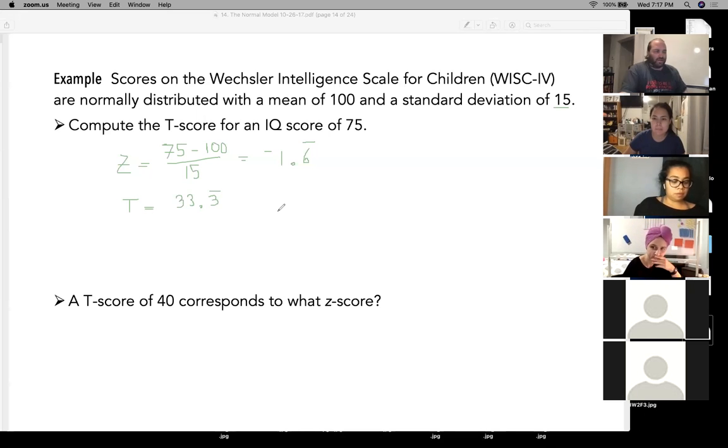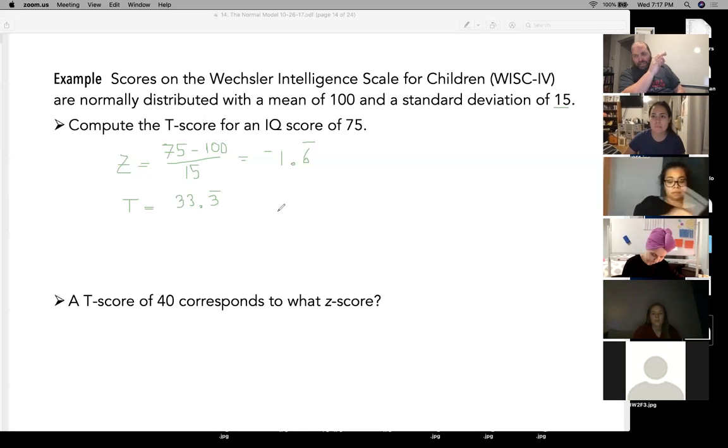For a test, would you want us to do the repeating or round to the nearest tenth or something? I always tell my students, as I'm telling you, keep every decimal possible until the very end of the problem, and only then do you round.